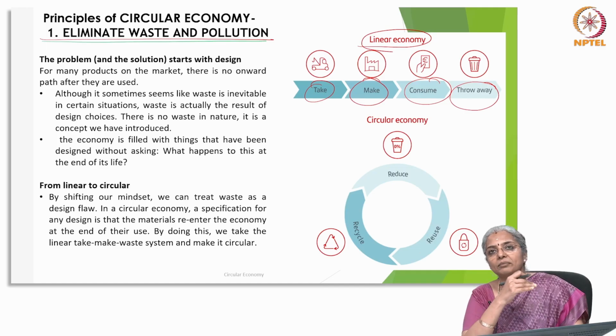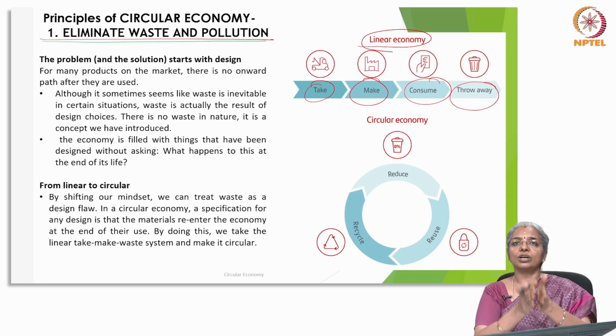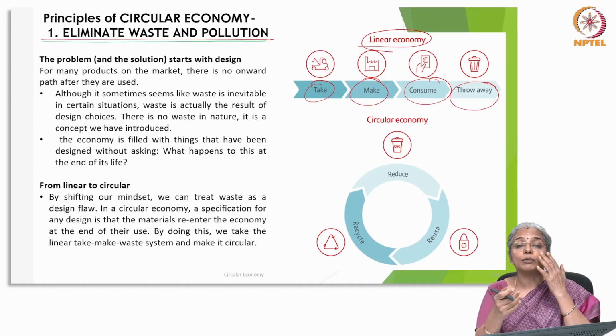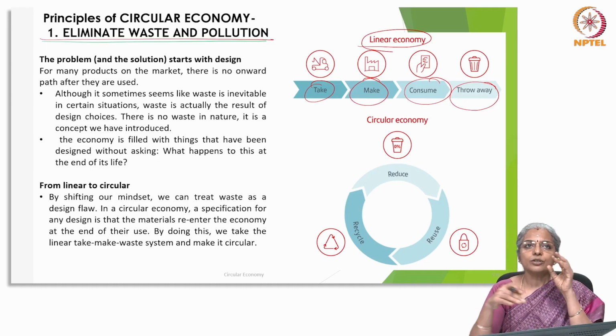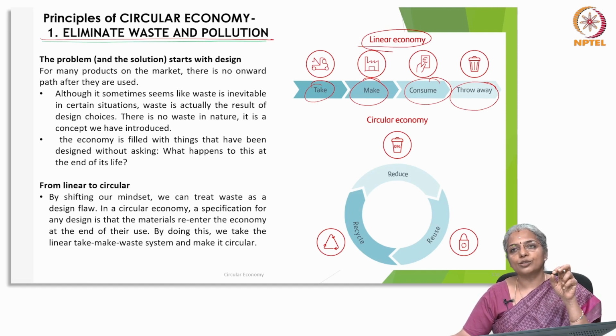So this system cannot work over a long period of time because the resources on earth are finite, and also the earth cannot take that much pollution. So what is the problem and what is the solution? According to me, the problem and the solution will start with design.